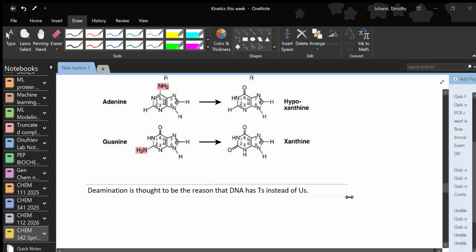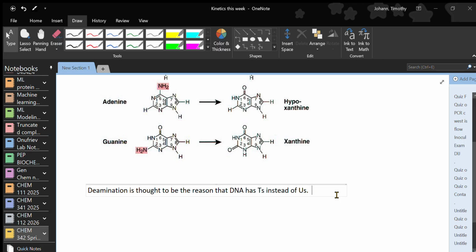If repair enzymes see a U in DNA, they can recognize that it should be a C and correct it. It's going to be a molecular recognition, right? Hydrogen bonds, van der Waals forces, those sorts of things.